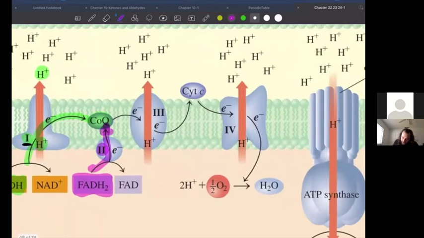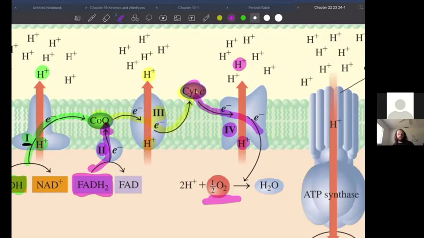Now coenzyme Q takes those electrons and transfers them through complex 3 to cytochrome C. Complex 3 pumps protons across that gradient. Cytochrome C transfers through complex 4. Complex 4 pumps protons across the membrane. You can see that this step is also accompanied by a consumption of oxygen, right?